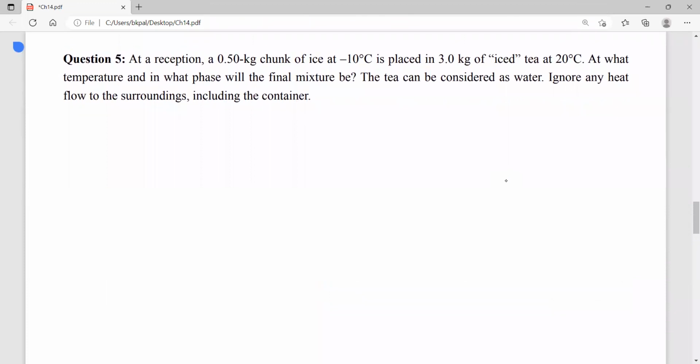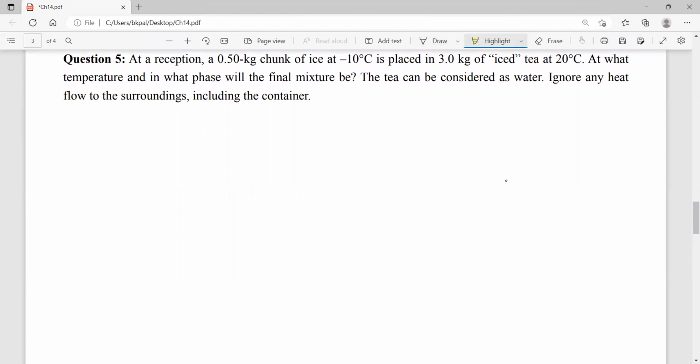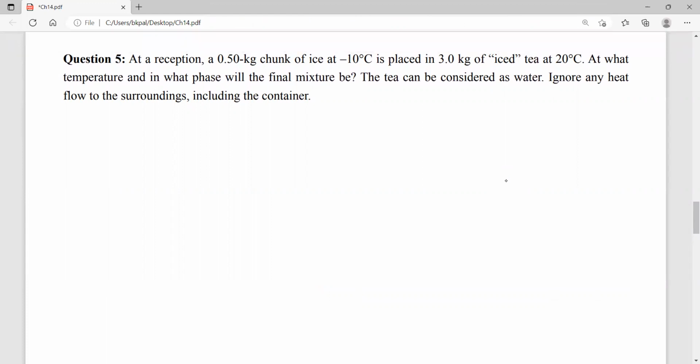So here is another problem, similar to problems 2 and 3. It says that at a reception, a 0.5 kilogram chunk of ice at negative 10 degrees Celsius is placed in 3 kilogram of iced tea.